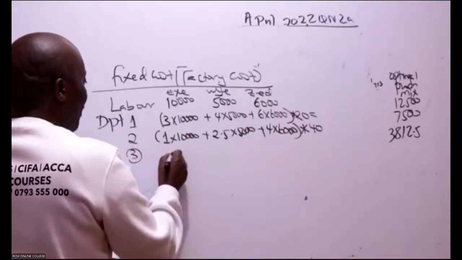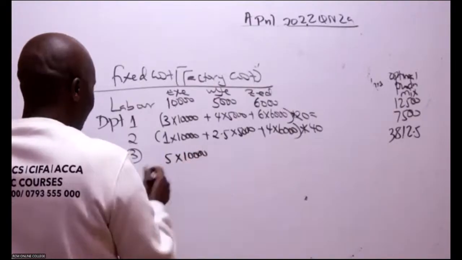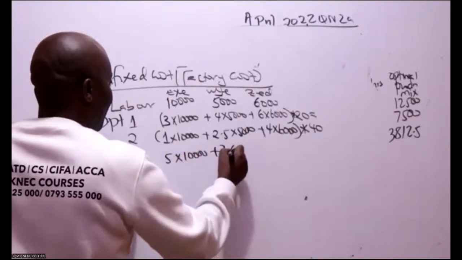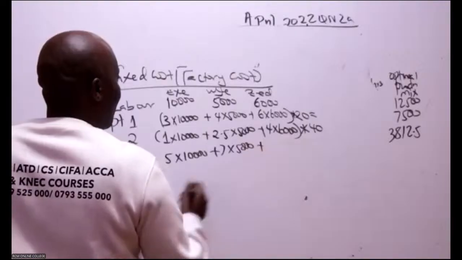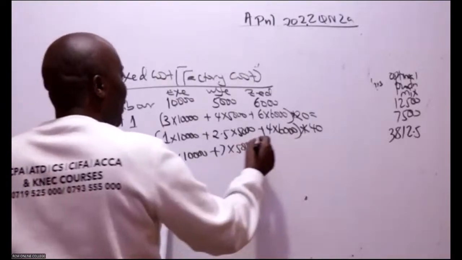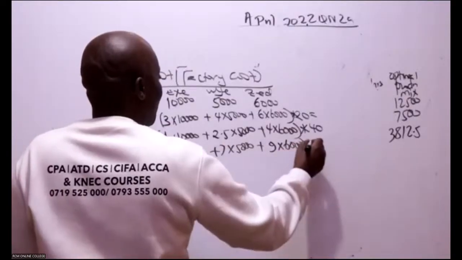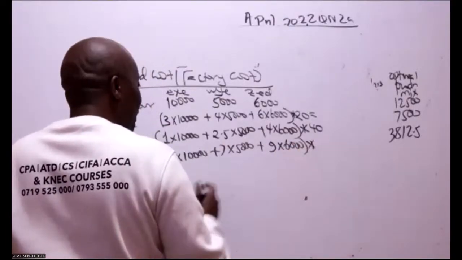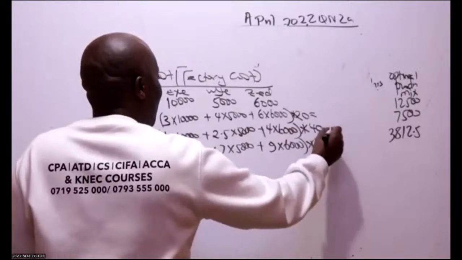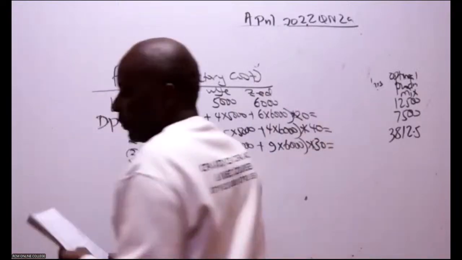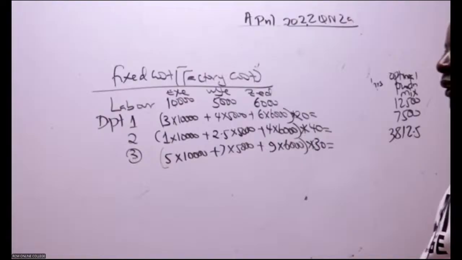I can see 5 times 10,000, plus 7 times 5,000, plus 9 times 6,000. Whatever we get, we shall multiply by the rate in department 3. Please write this and then give me the answers.